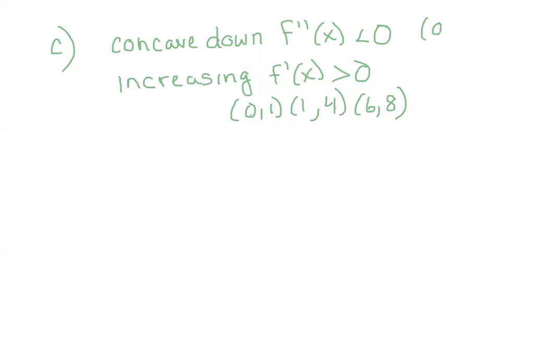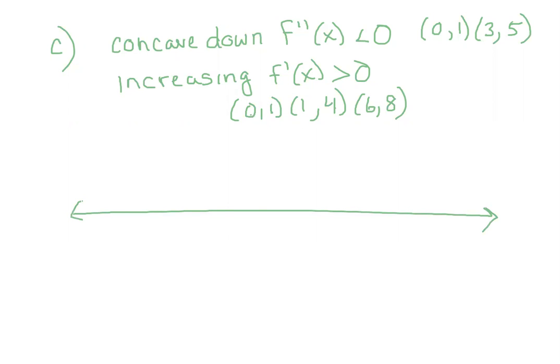Well, from 0 to 1, if you drew a slope, it would be negative, and then it changes and turns positive because it's going up until you got to x equals 3, and then it changes again to negative all the way to x equals 5, and then it changes positive again. So we have to see where these things overlap. Okay, we got 0, 1, 2, 3, 4, 5, 6, 7, 8.